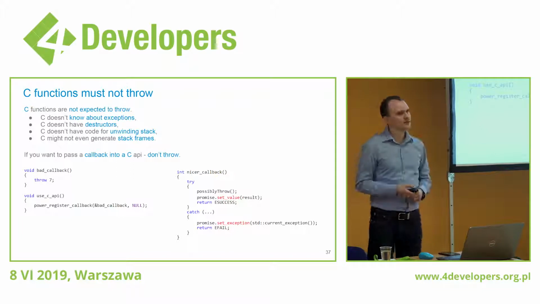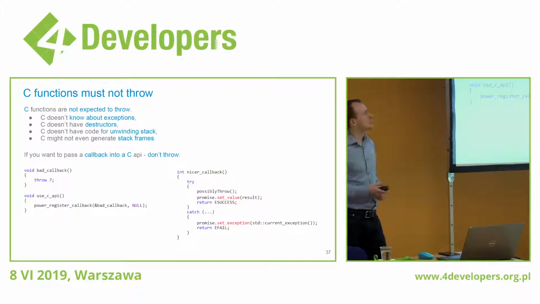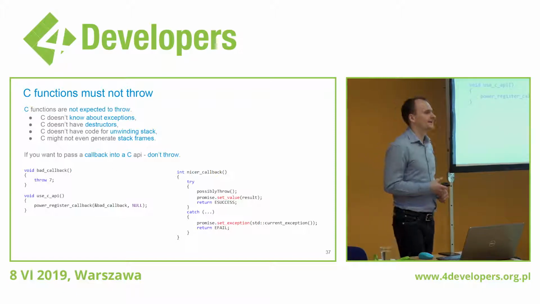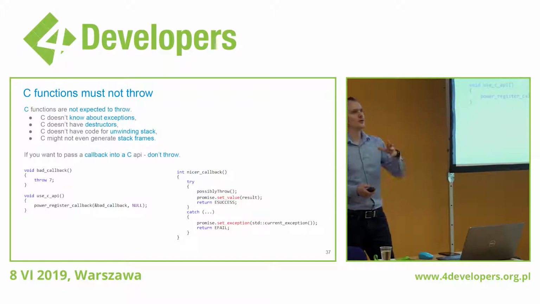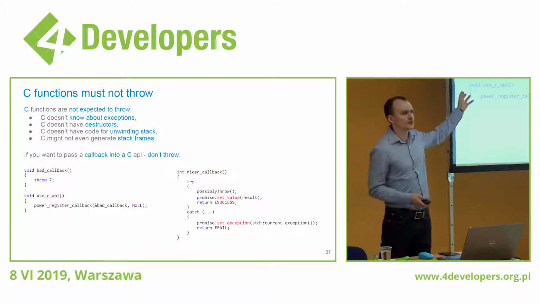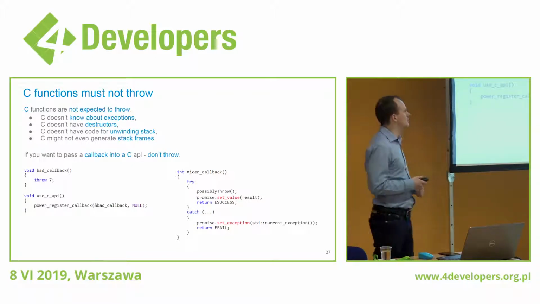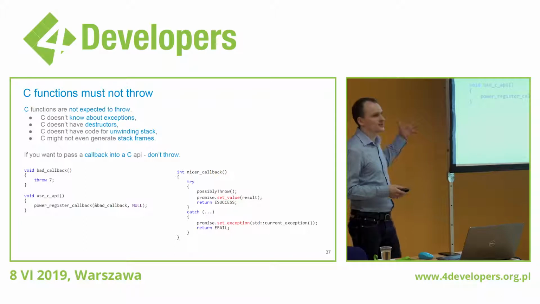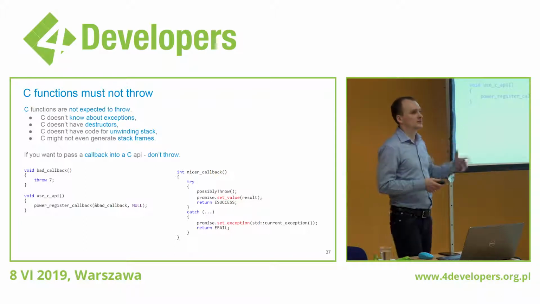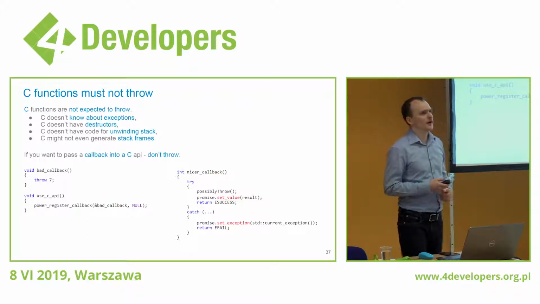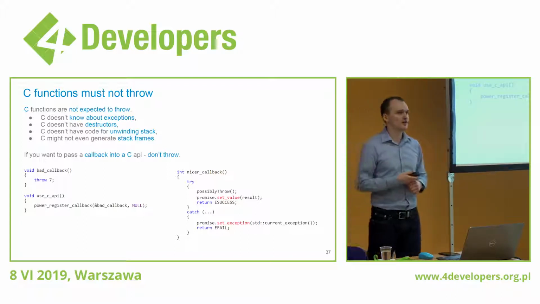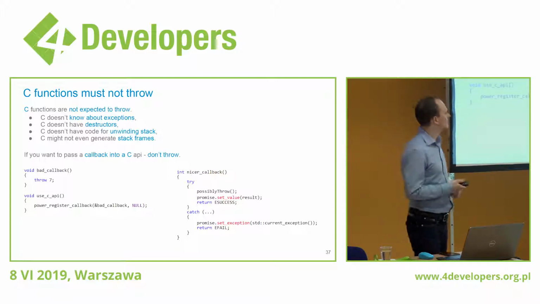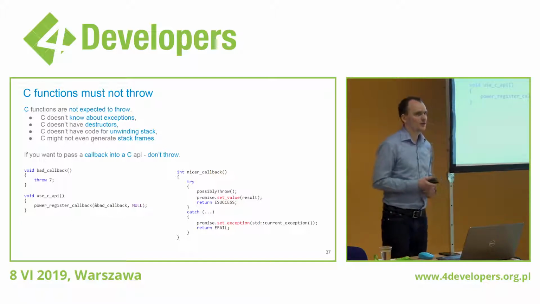Okay, another point is that C functions cannot throw. And moreover, you are not allowed to throw an exception through some C code. So when you have a C API that accepts a callback, and you put your C++ function there, you must make sure that this function does not throw.